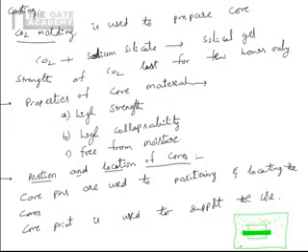So this is a sand mold, and we need to prepare a cylinder. This is the sand mold, and this one is the core, to get the hollow cylindrical surface.